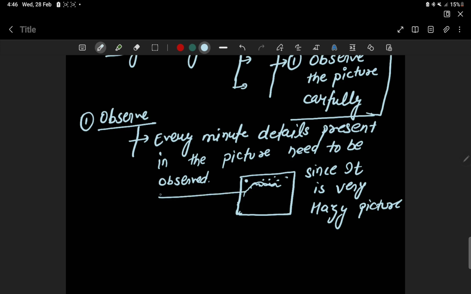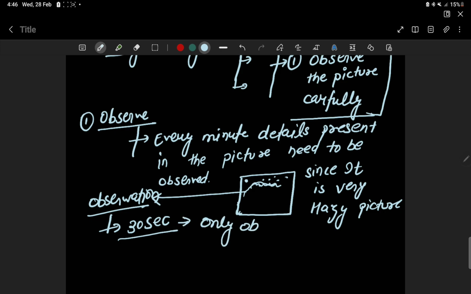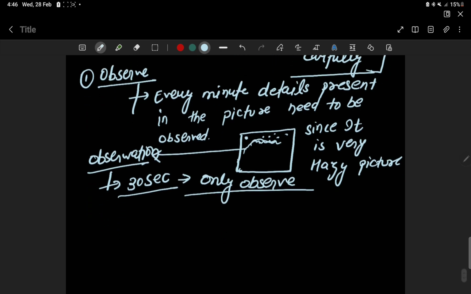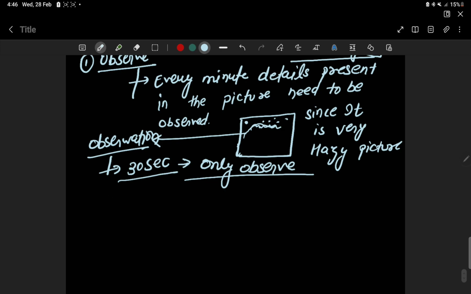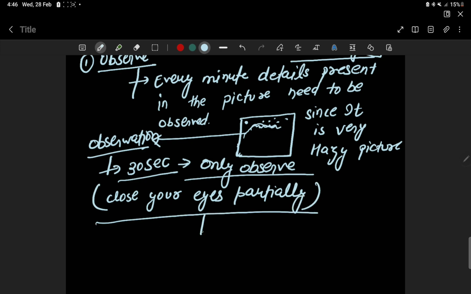So observation of the picture is a must. As I told you in the earlier video, for those 30 seconds you only observe. A good way to observe is to partially close your eyes, what we call dimming your eyes.